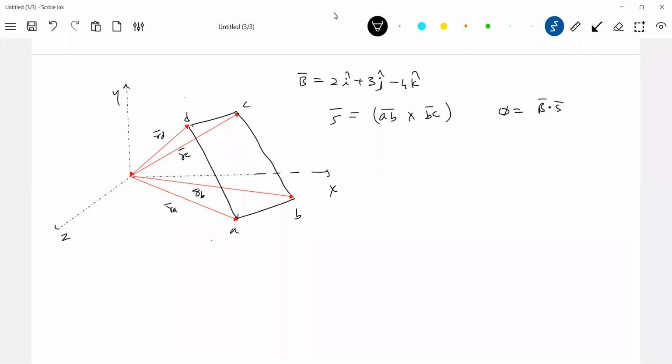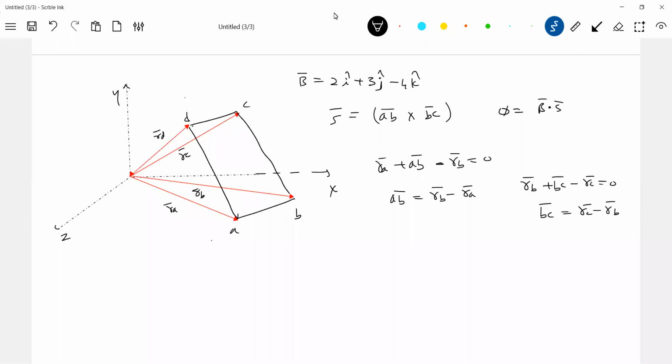RA bar plus AB bar minus RB bar equals 0, so AB bar is equal to RB bar minus RA bar. Similarly, RB bar plus BC bar minus RC bar equals 0, so BC bar is equal to RC bar minus RB bar.